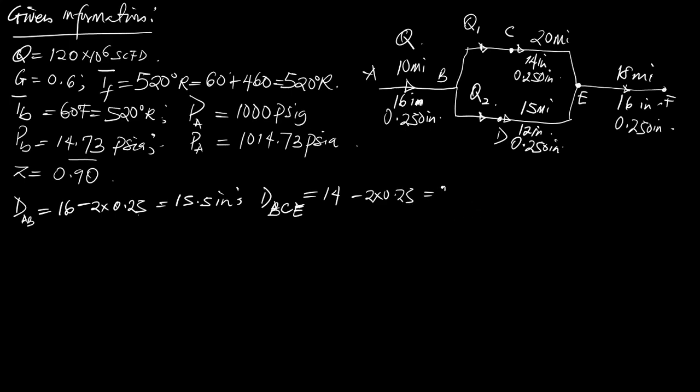So this will give me 13.5 inches. Now for this other side, the diameter BDE will be the nominal pipe size minus 2 times 0.25. So this will give me 11.5 inches.